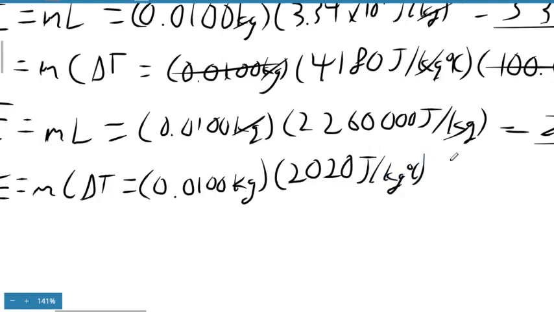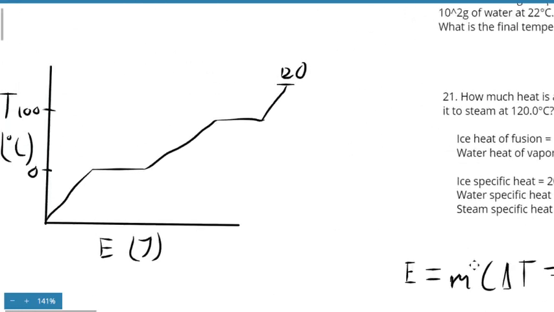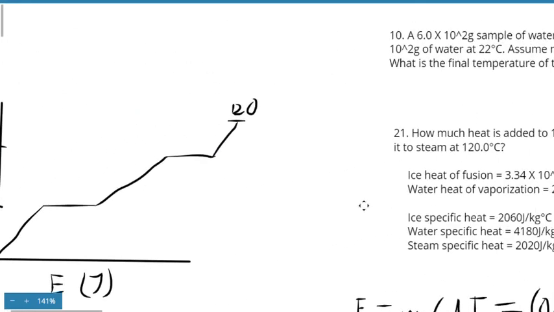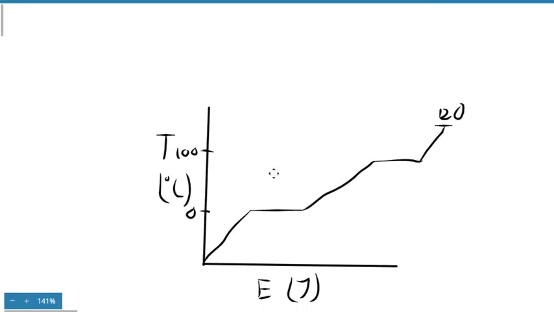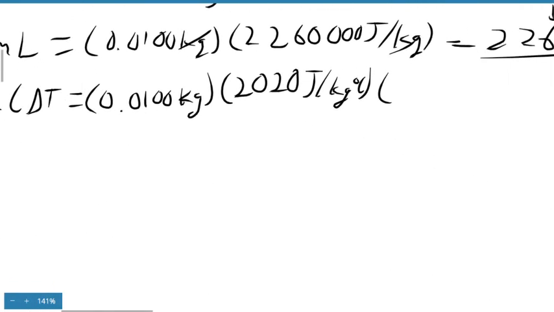Okay, and then multiplied by delta T. So right now we're at 100 degrees, and it goes up to 120. So it goes up 20 degrees, 20.0 degrees Celsius. Then we can just multiply everything. 0.01 times 2020 times 20. Okay, 404. And with 3 sig figs again.